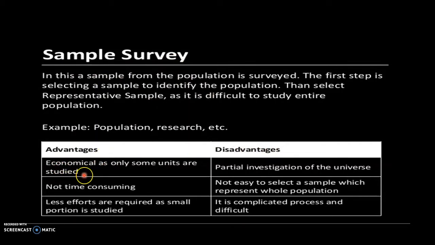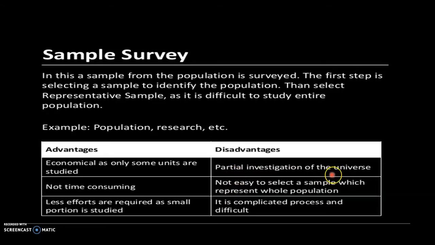First one, economical, as only some units are studied. So it is a very economical process. Then not time consuming, because the area of the sample is very small compared to the population. Then less effort is required as a small portion is studied. Then what are the disadvantages?